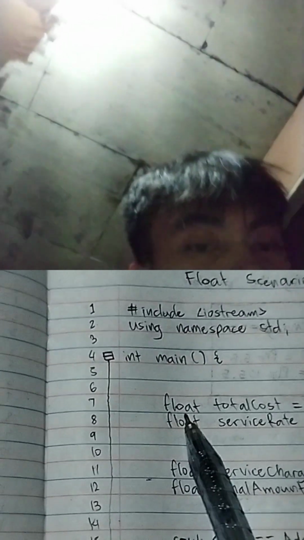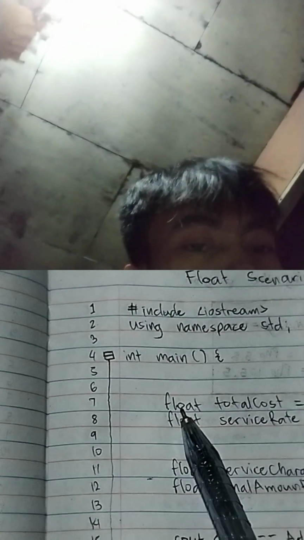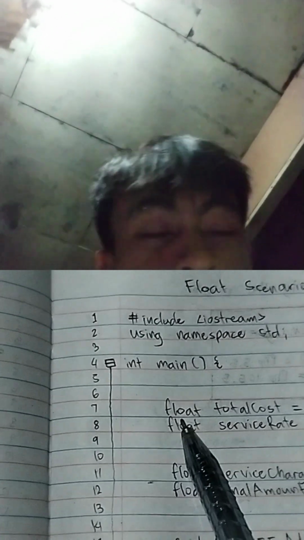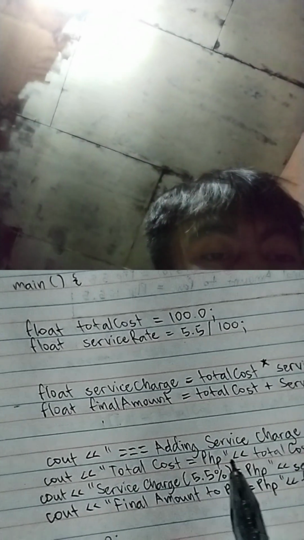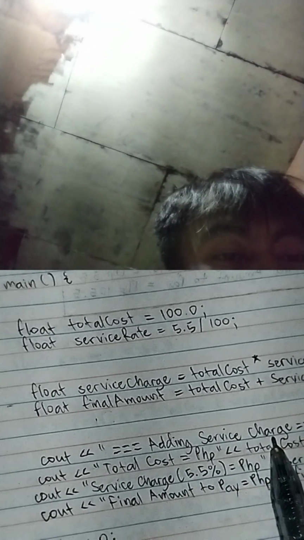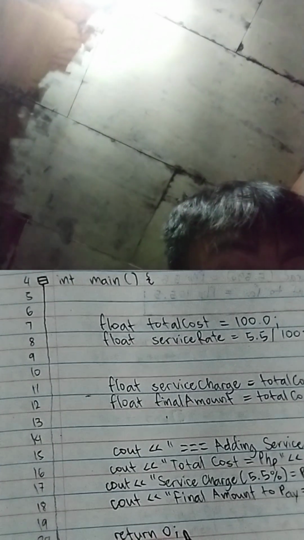Because we use decimal numbers, we use a float so that it will store decimals. Integers can't store decimal numbers. So again, cout, adding service charge. This is the title of the program.